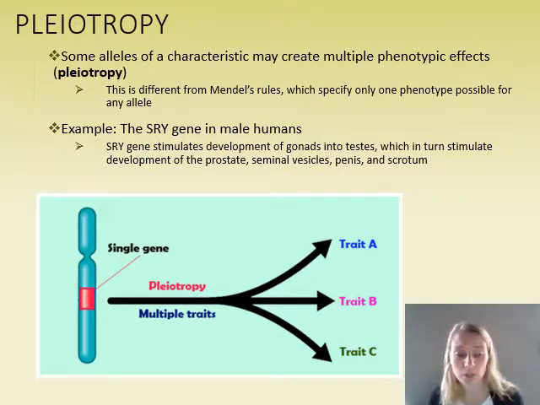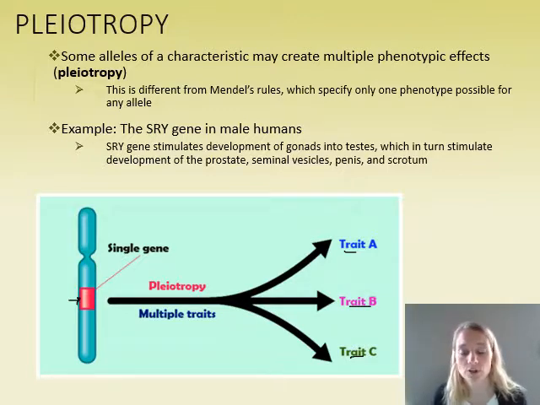Like we can see in the picture, you have your single gene here, but it has effects on 3 phenotypic outcomes. An example of this would be what's called the SRY gene in males on the Y chromosome. That one gene has multiple phenotypic effects on your gonads, prostate development, penis and scrotum development, seminal vesicles, multiple parts of the structure of the male reproductive tract.